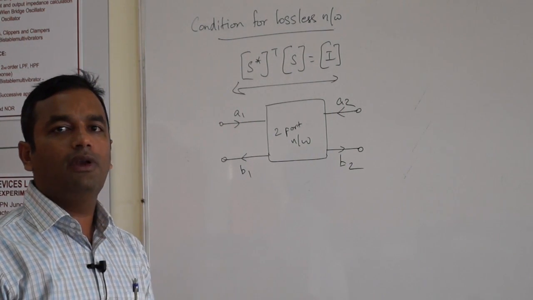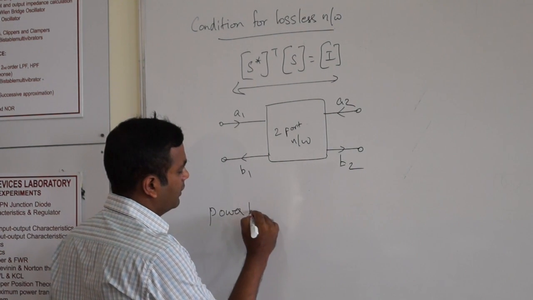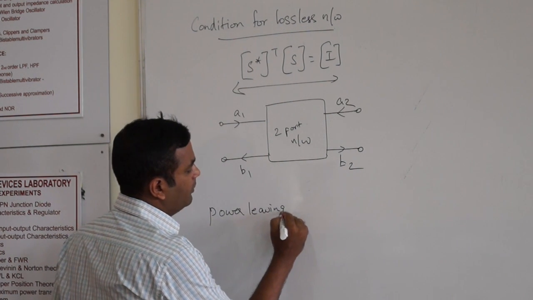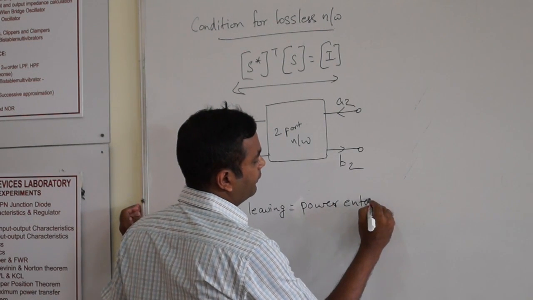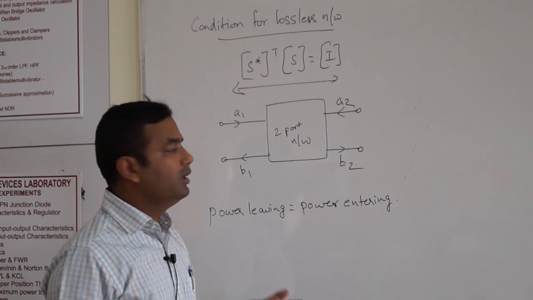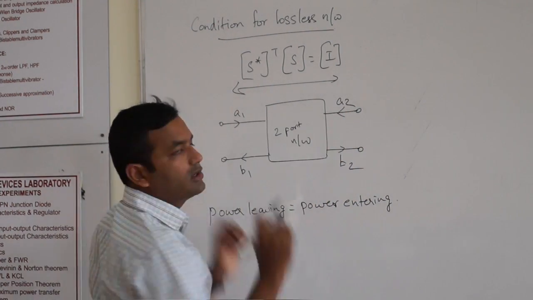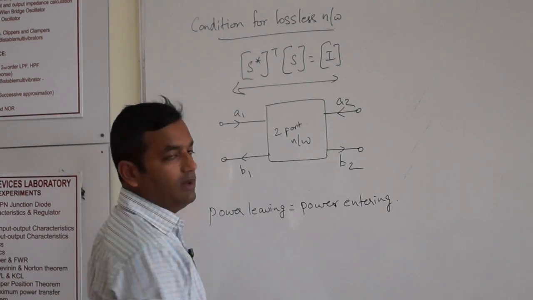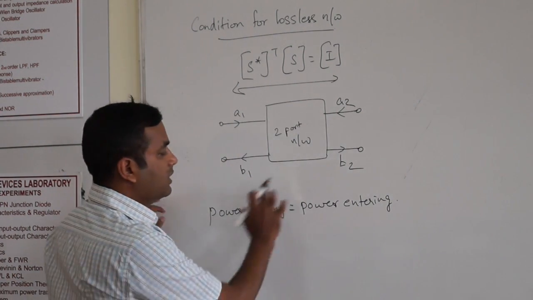It means power leaving should be equal to power entering, which only means that B1 squared plus B2 squared should be equal to A1 squared plus A2 squared. So there is no power that is eaten by the network. So the network is a lossless network.